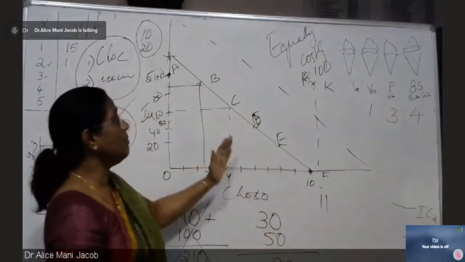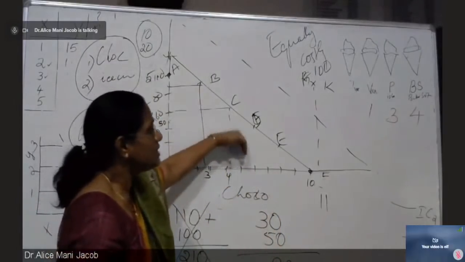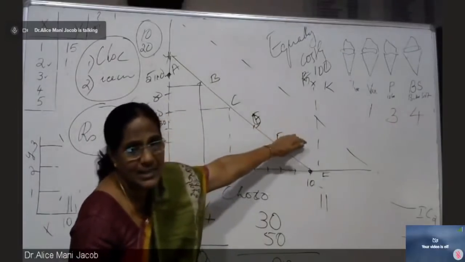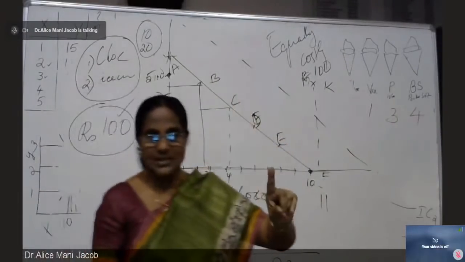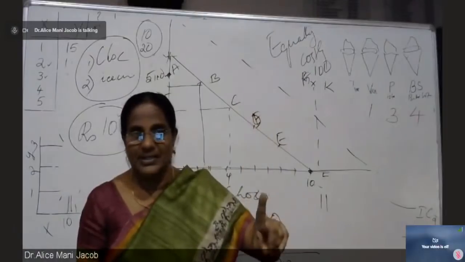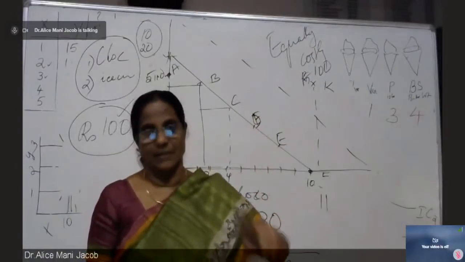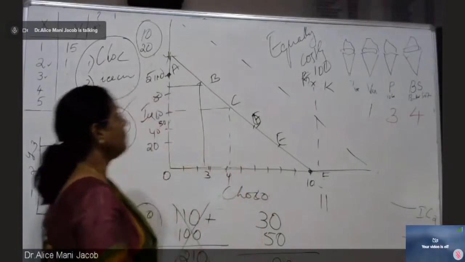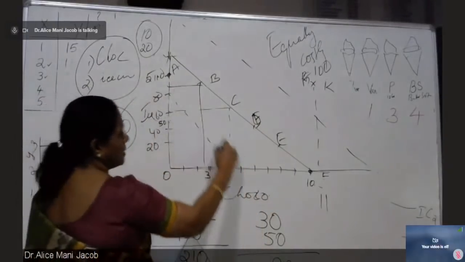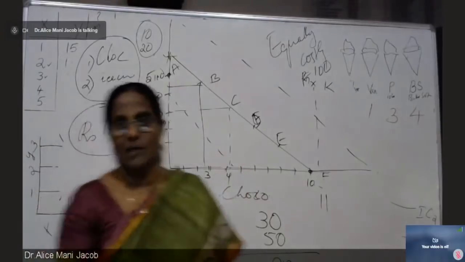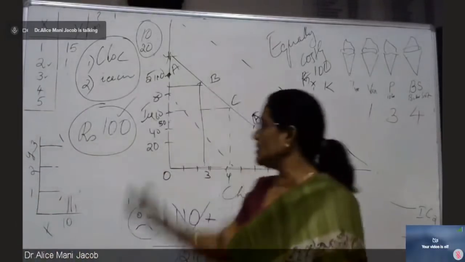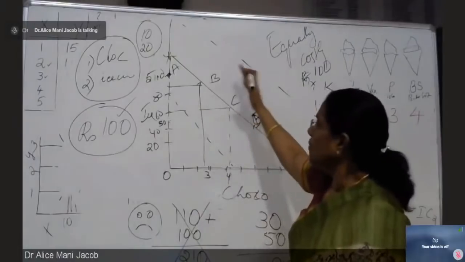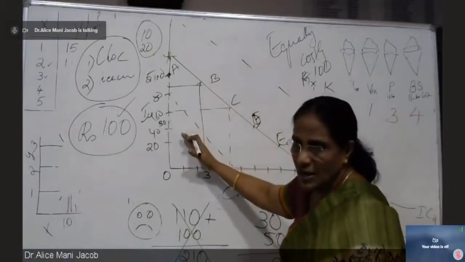Please remember, the budget line shifts parallelly to the right if your income increases, prices remaining the same. There are about 18 diagrams which you can draw. You don't have to draw all that. Suppose your father is not happy with your marks and reduces your income to 50 rupees, prices remaining the same, your budget line will shift to the left.